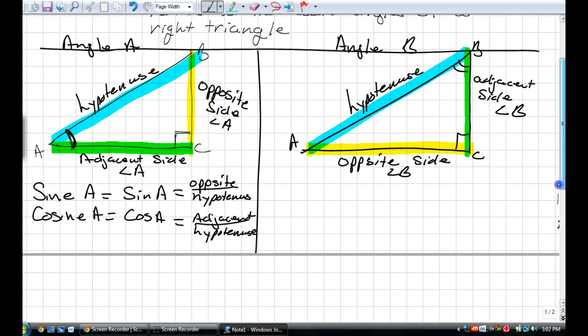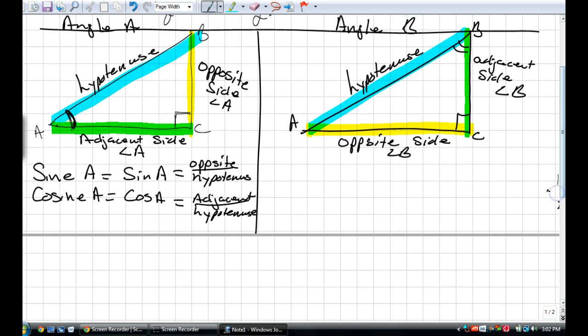And then, of course, we have the tangent of angle A. And remember, when we say angle A, we're referring to the measure of that angle. So tangent of A is the opposite over the adjacent.